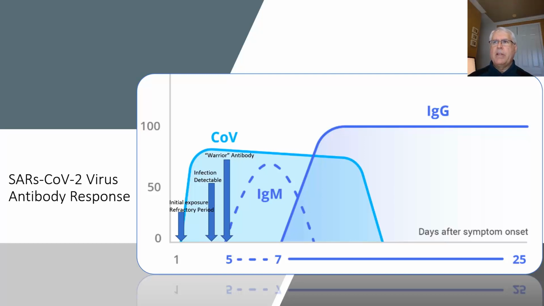And what happens after a few days of that, the second antibody, the IgG antibody, comes in, and that's the soldier antibody. That's the one that's going to say that it's learned about the virus and then has characteristics that will prevent you from getting reinfected. Okay, and this is how viruses and antibodies work.